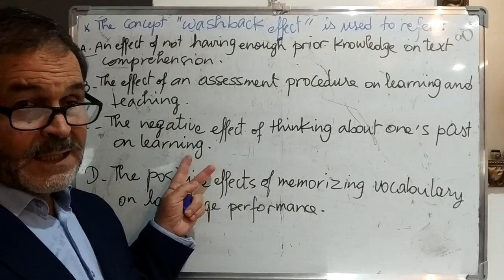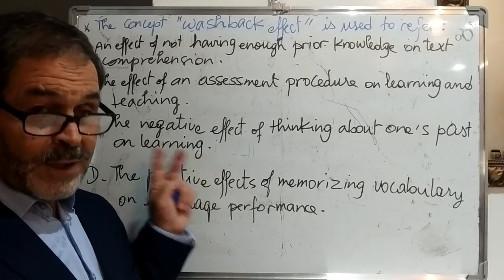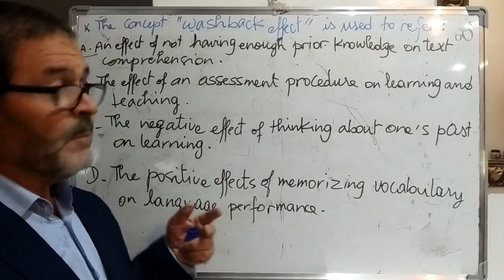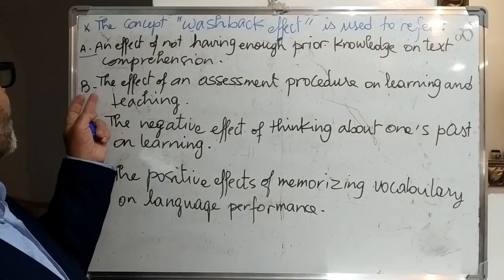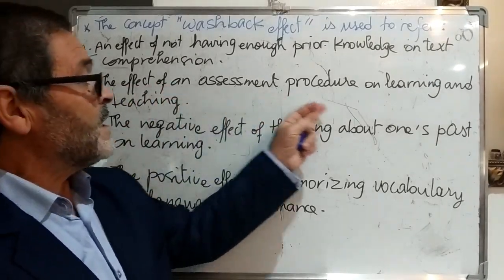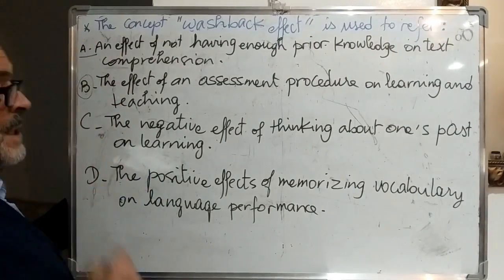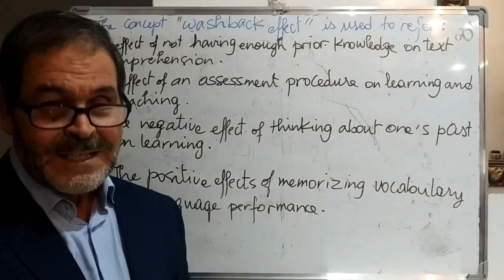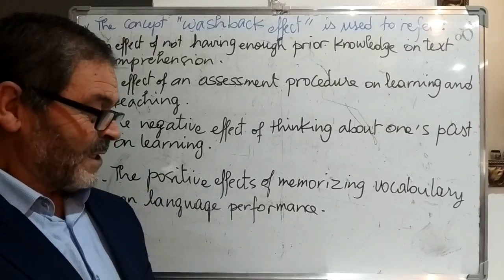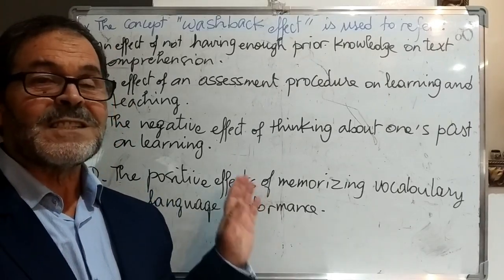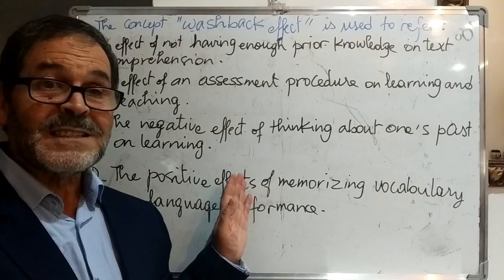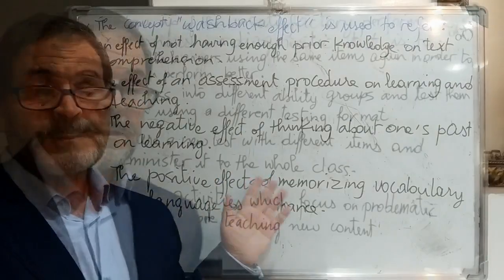So here the word refers to both negative and positive. But here it refers to B, the effect of an assessment procedure on learning and teaching. It is B. That's the correct answer. The others are not correct because they have nothing to do with testing or assessment.